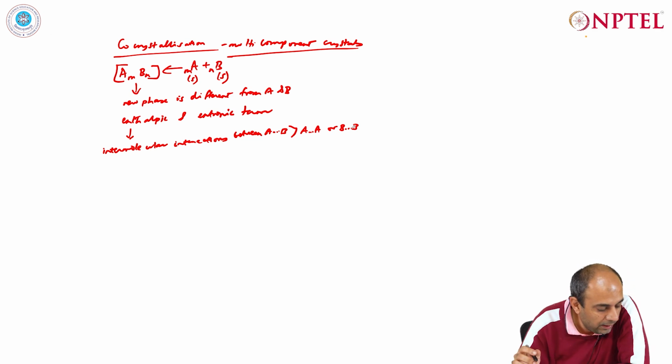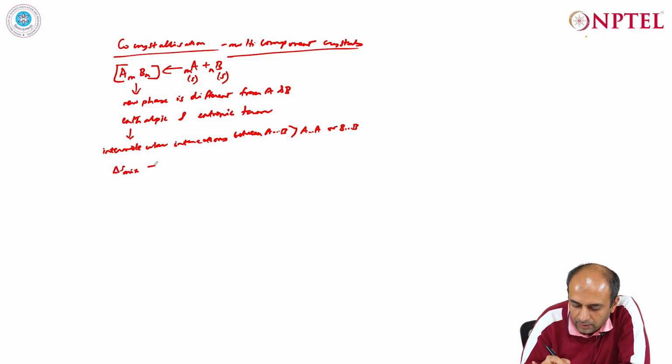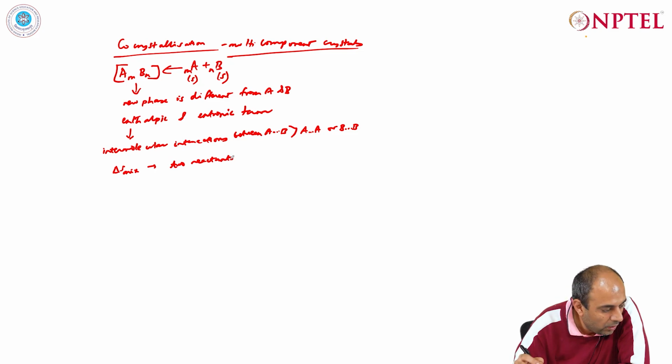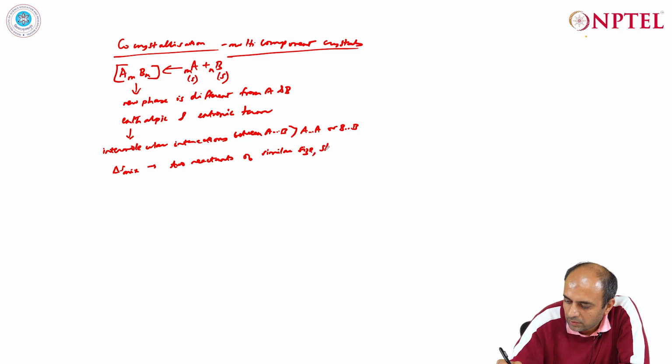And there also is an entropic gain, which is coming from the entropy of mixing, which originates when we have the mixing of two reactants of similar size, shape and chemical nature.